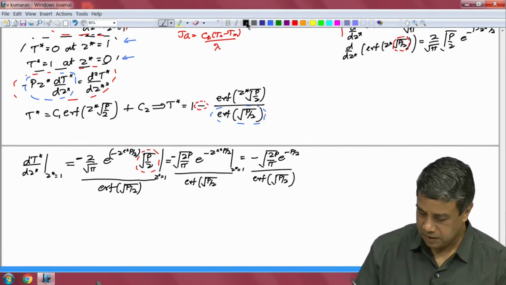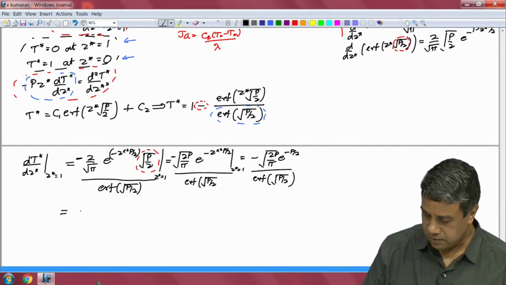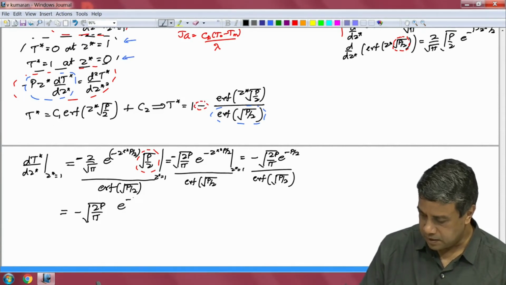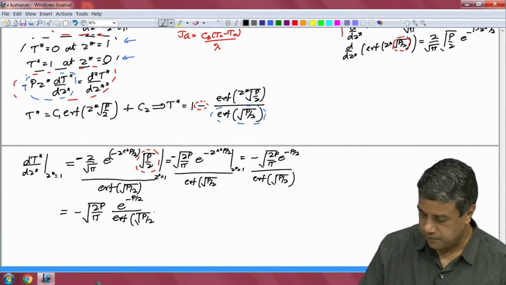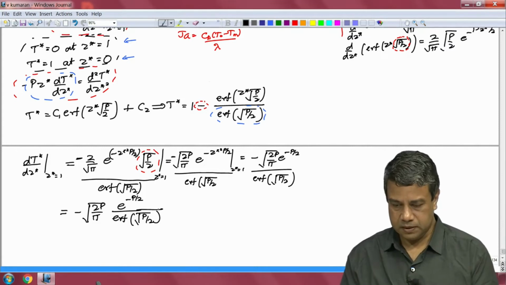So, my final result is going to be equal to minus root of 2p by pi e power minus p by 2 divided by error function of root p by 2.